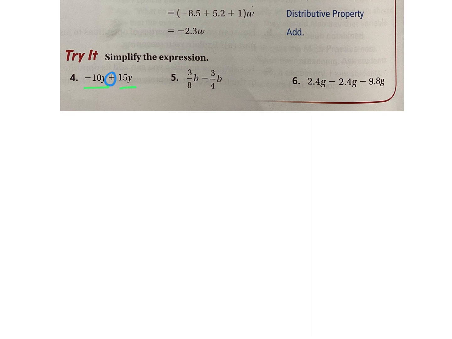So negative 10 plus 15. What does that equal? Negative 10 plus 15, that would be a 5. And then the y sticks with it. So 5 times y. That is simplified. You can put these together because they're like terms. If you have 15 y's, you can put it with negative 10 y's, and you're left with just 5 y's.